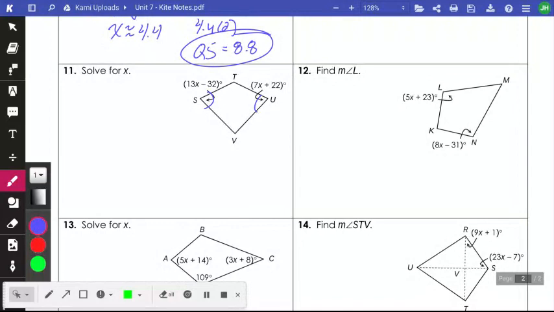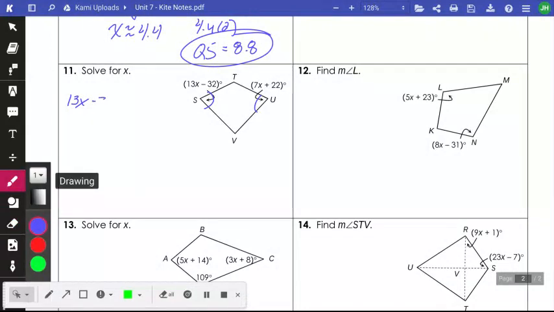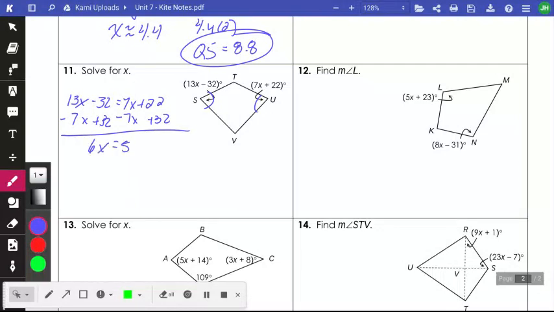All right, so those angles are congruent, so we'll just set up an equation. 3x minus 13x minus 32 is equal to 7x plus 22. I will minus 7x from both sides. At the same time, I'm going to add 32 to both sides so that I get 6x is equal to 54. Divide both sides by 6 and I'll get x is equal to 9.